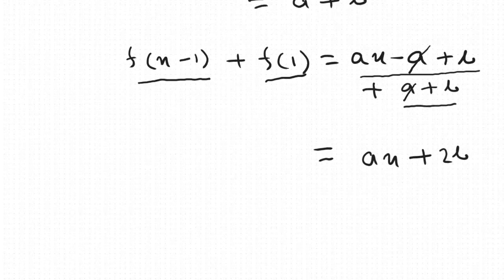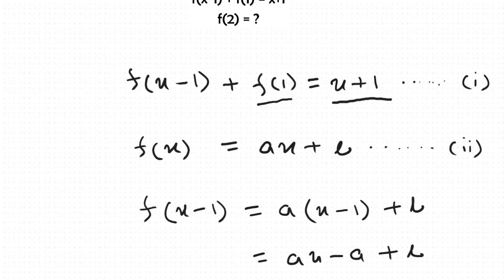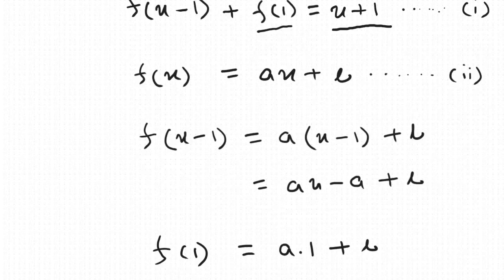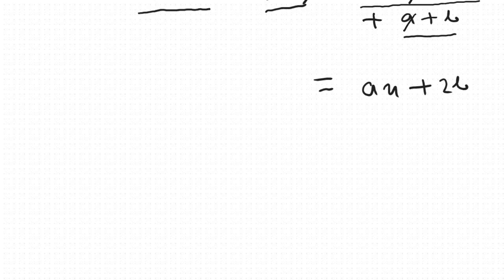But in the question it is given that f(x - 1) + f(1) equals x + 1. So we can write from there, x + 1 equals ax + 2b.